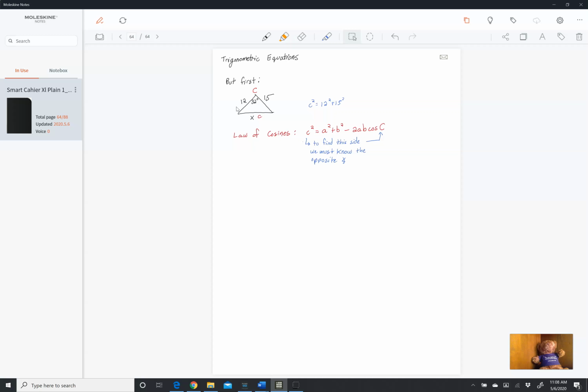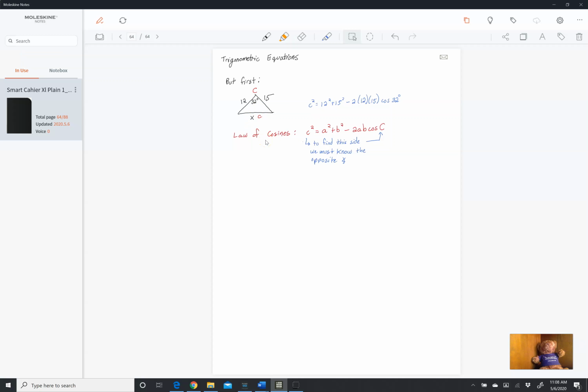So we have 15 squared, and then minus 2 times 12 times 15 times the cosine of 32 degrees. Okay, so it's simply plug and chug, but in terms of what you know, it's got to be in this arrangement where you have two sides and you have the included angle, and then the opposite side is the one that you're trying to find. So that would be the law of cosines.